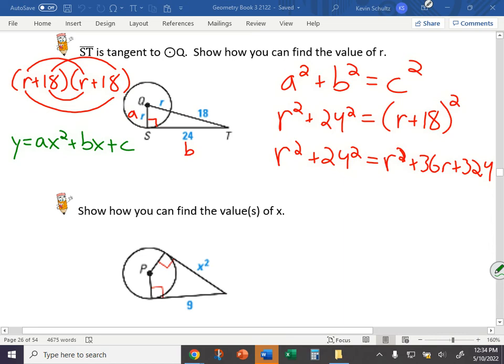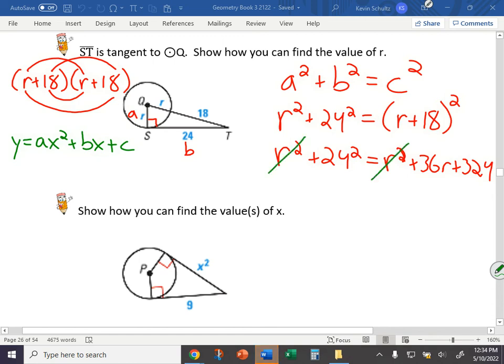However, you look at this full equation, and why do we not need to worry about the quadratic formula? The term that makes this a potential issue is the r squared term. But notice we have one r squared term on both sides. That means we can do what, Greg? Cancel them out.